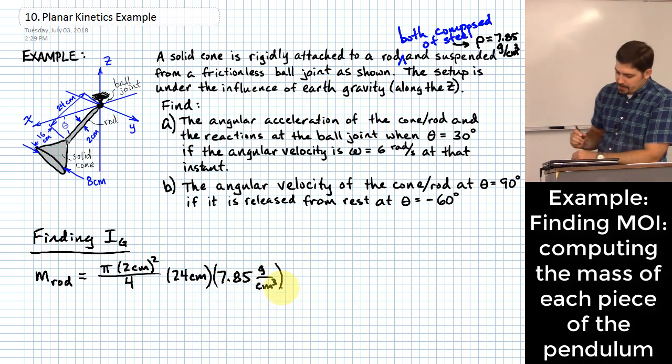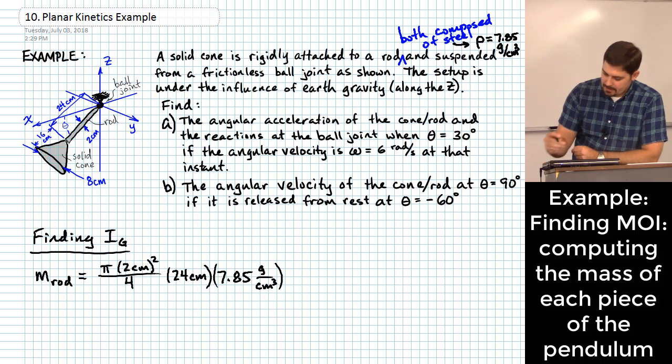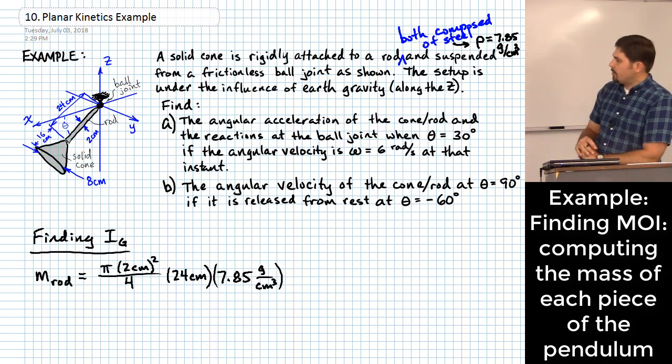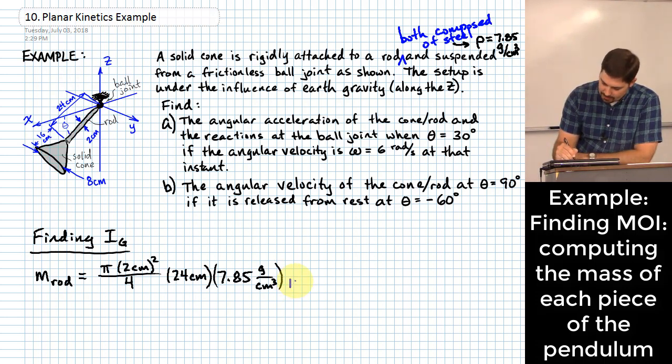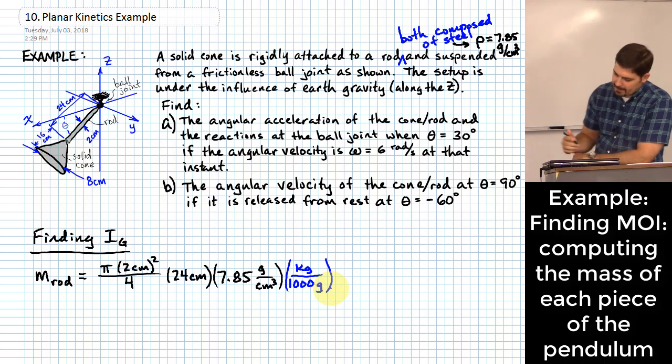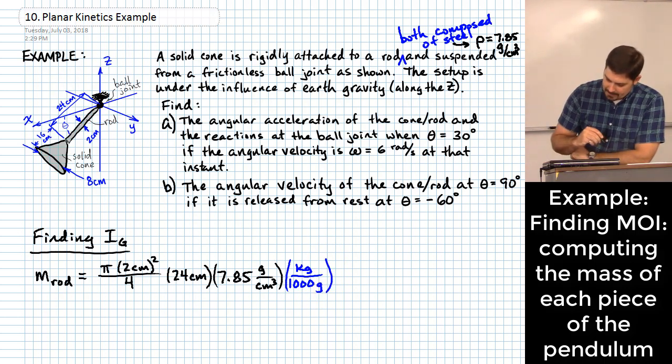And then the last little piece is I don't actually want to leave it in grams. I would prefer to have it in kilograms, right? So I'm going to take this, and there are 1,000 grams in a kilogram. Okay. So that would be my mass of the rod.